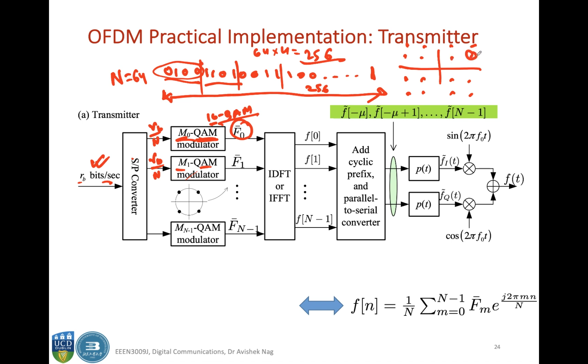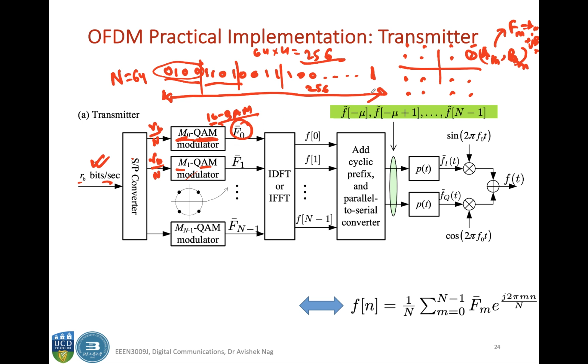Whatever A_m and B_m this has, for capital F we were using this notation. So this is your F_m, which is basically A_m plus j B_m. That is, let's say, F0.